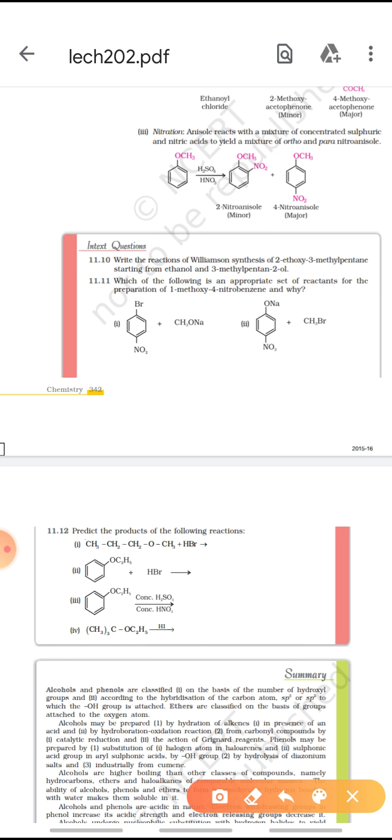Second, which of the following is the appropriate set of reactants for the preparation of 1-methoxy-4-nitrobenzene, and why? You have to tell which one is appropriate. Here the alkoxide ion taken is primary, but the alkyl halide taken is not primary. Here the alkyl halide taken is primary, so we have to take the primary alkyl halide. This will be the appropriate set of reactants.